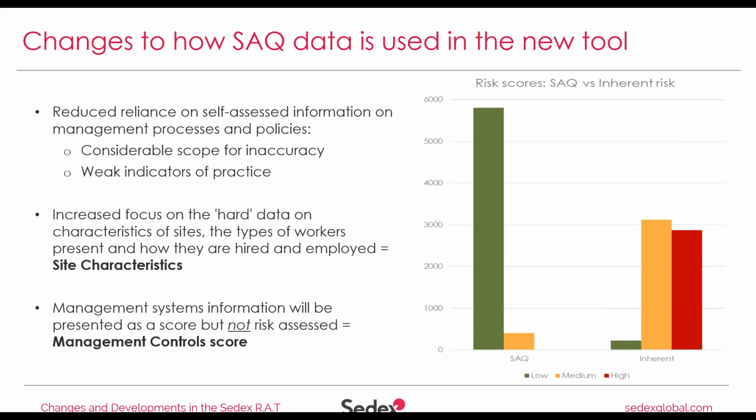And so that is also captured through the SAQ, and we're then using that information to create a management controls score. And that will be presented in the tool, and that's what also then goes to suppliers in the supplier-facing report from the self-assessment questionnaire. But that management control score won't affect the site's or business's overall risk score.